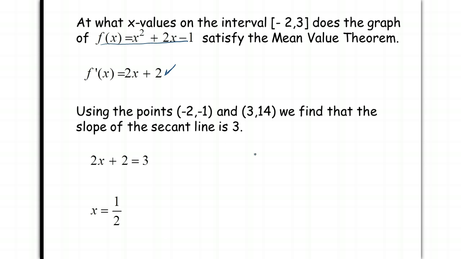So then I set my derivative, f prime of x, equal to the slope of the secant, and then I solve and I get x equals 1/2. All right, now I'm going to write out some steps for that. I just kind of did a little preview. So the steps would be, number 1, find the slope of the secant.